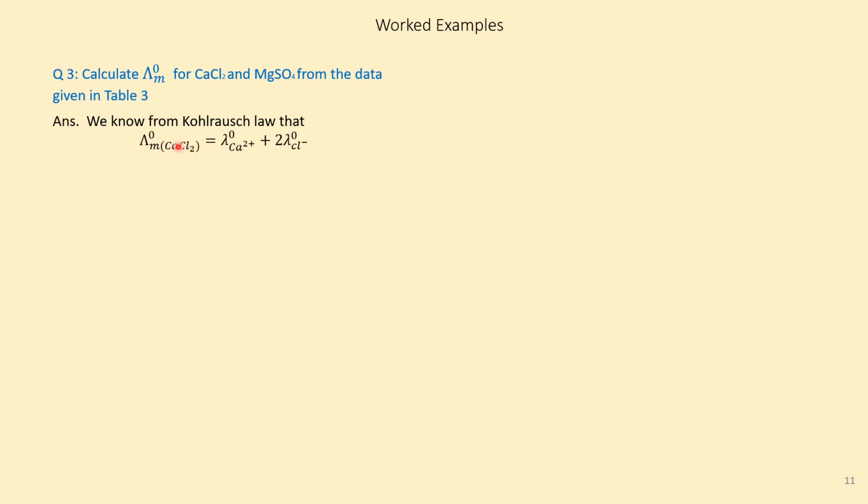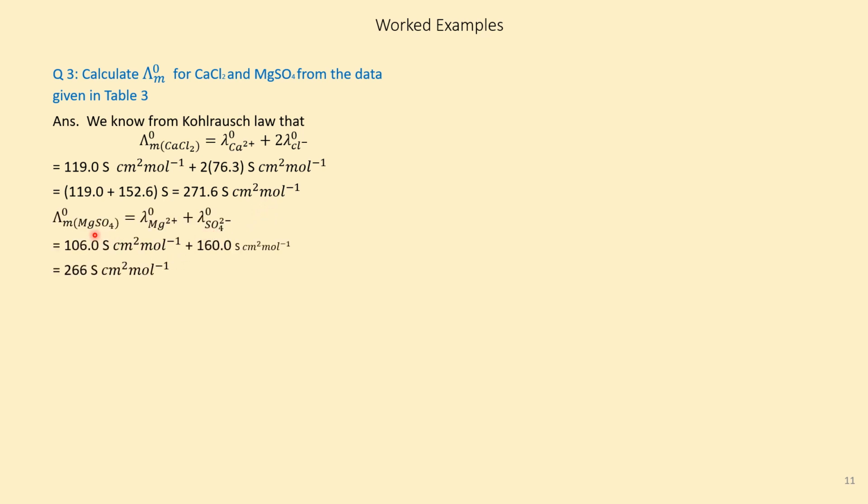We know from Kohlrausch's law that Λ°m of CaCl2 is equal to λ° of Ca²⁺ plus twice λ° of Cl⁻, because there are two Cl⁻ ions. Substituting the values from the table, we get 271.6 S cm² per mole.